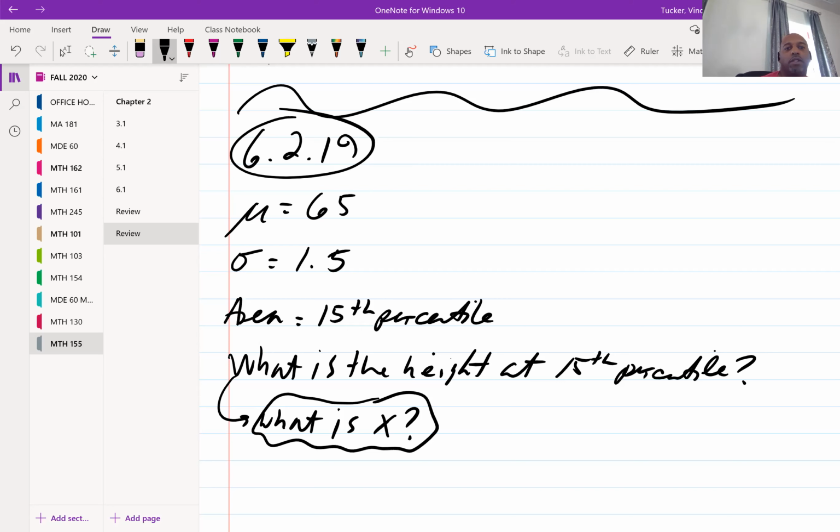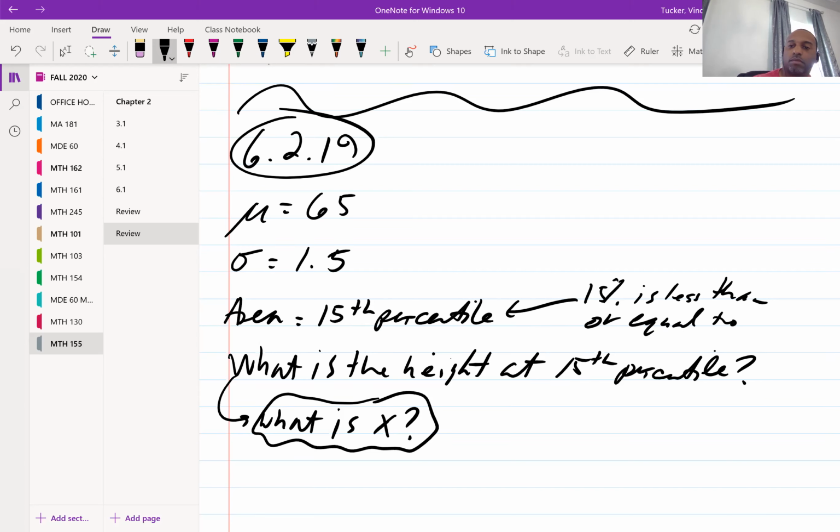Yeah. All right, so we have our mean is 65, standard deviation 1.5, area is the 15th percentile, which means we talked about this last class. It's not hard to write with this one.